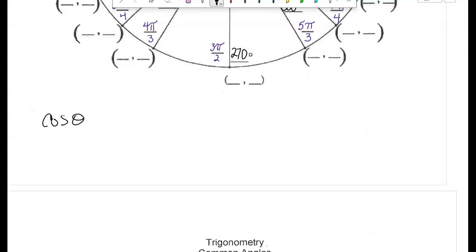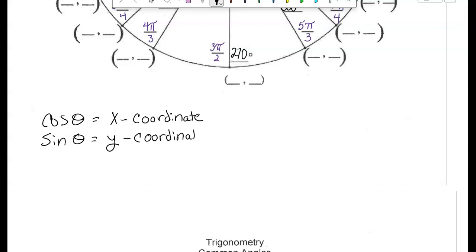Cosine theta. So the cosine of an angle equals the x coordinate. Just write it down right now. So this is always going to be our x value. Our sine theta is always going to be the value of the y coordinate.